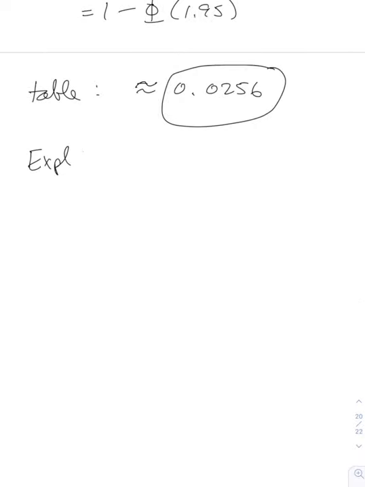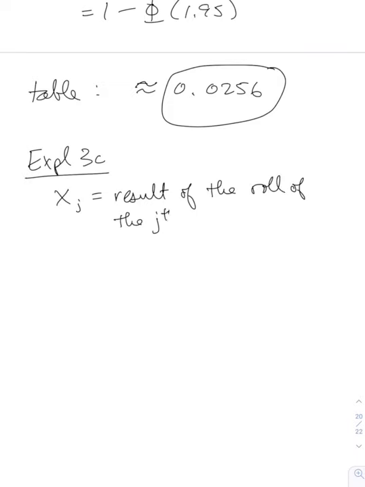So here is example 3C. All right, 10 fair dice are rolled. Let Xj be the result of the roll of the jth die.